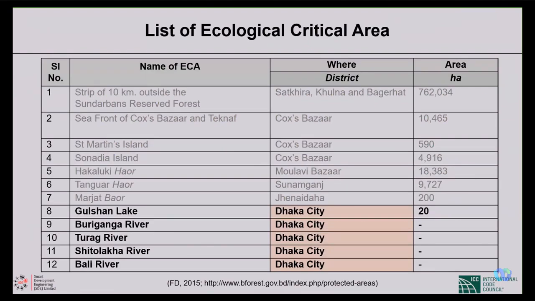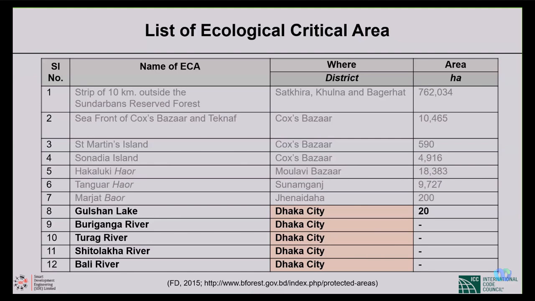Out of these 12, you can find the list here, five are around Dhaka city. One is the Gulshan Lake, and all the others are the perennial rivers of Dhaka city, like the Buriganga, Shitalakshya, and Balu River, which are already in danger.